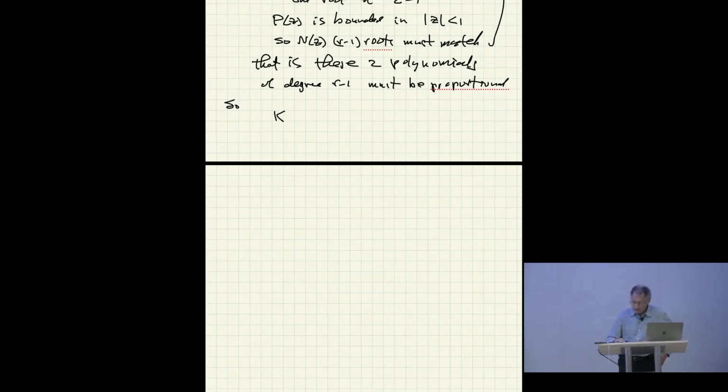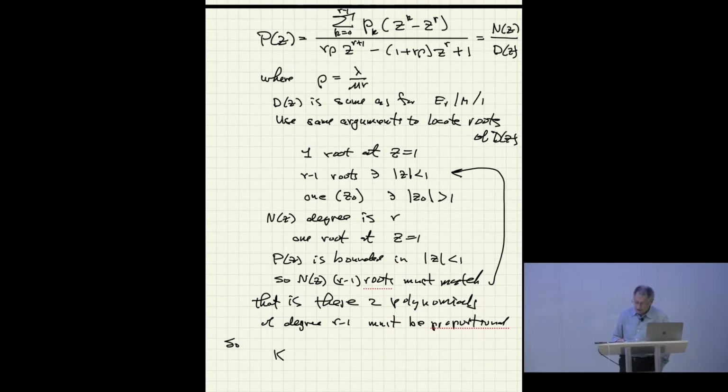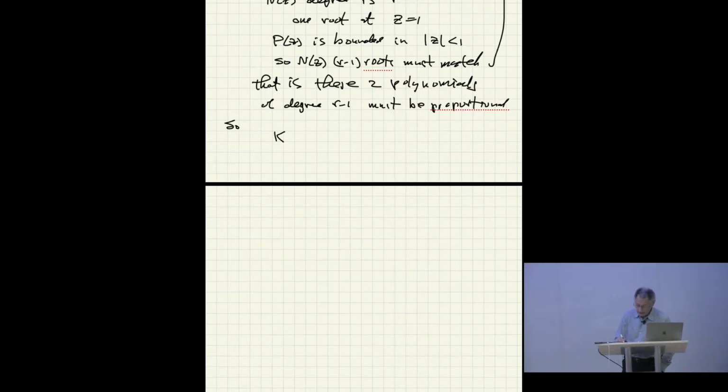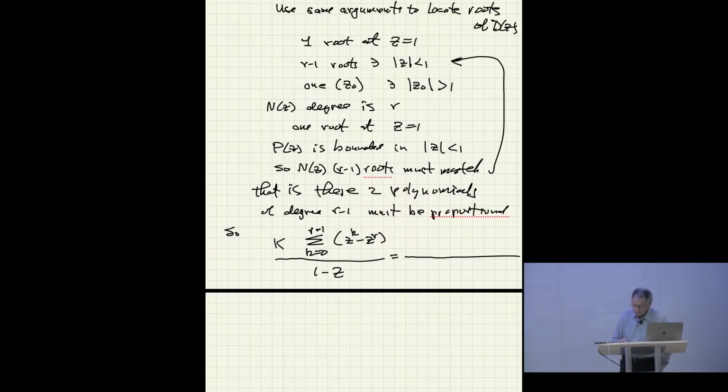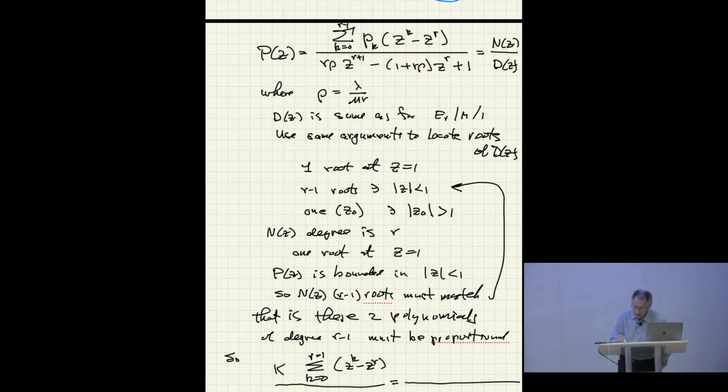The numerator is that summation pk z to the k minus z to the r. Write it down. After you take out the root at 1, so let's do that. Let me write this more carefully. Take away the 1 minus z, it must be the denominator polynomial, which is all of this. I'm going to actually copy it.